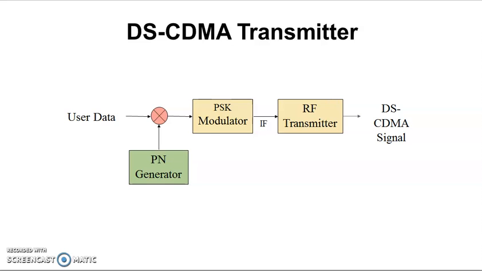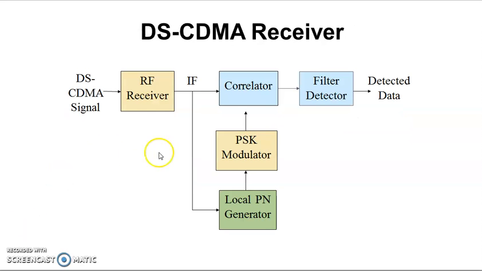This is a simplified diagram for the PN code, and here we have the CDMA receiver. Earlier we had the PSK modulator; similarly, we have the PSK demodulator to generate the spread spectrum signal of modulator 2 here. So we have a CDMA transmitter and a CDMA receiver.